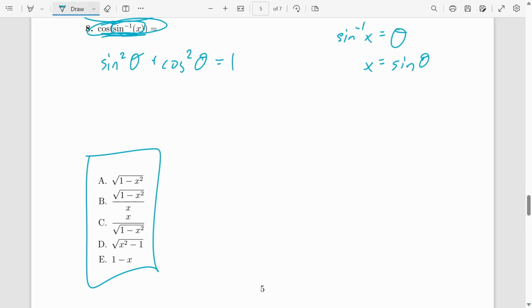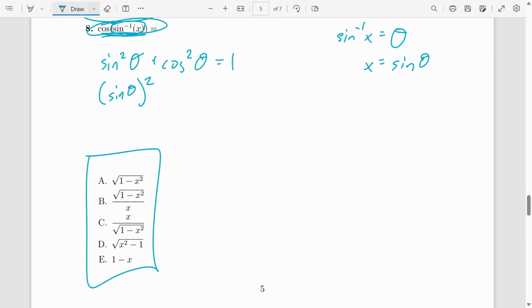So we can substitute. Sine squared theta is really just sine of theta, squared, in case it looks kind of weird. I don't know why they put the squared there. I guess it's to differentiate it from sine of theta squared, which is a very different equation.